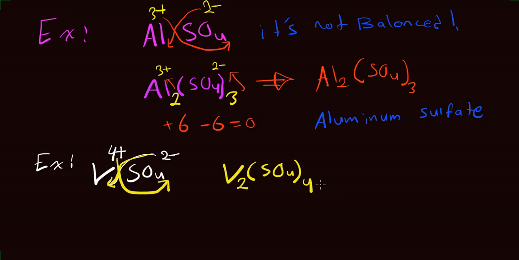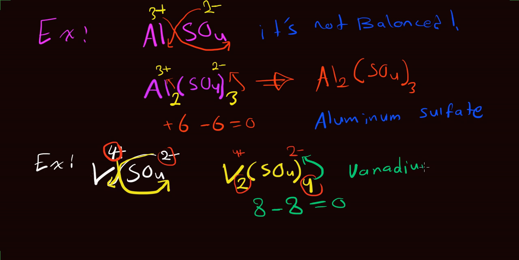Maybe you ask, what is this 4? This 4 refers to the sulfate, and this 2 refers to the vanadium. In your mind, it's still plus 4 and minus 2. So let's make a calculation. 2 multiplied by minus 4 is equal to minus 8. 2 multiplied by plus 4 is equal to plus 8. So the result is equal to 0. What is the name of this compound? You say vanadium sulfate.